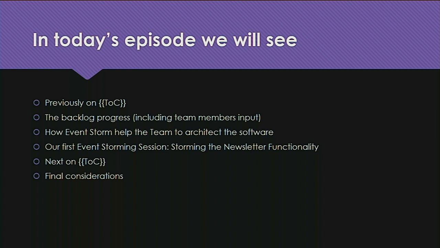After this quick introduction to Event Storm, we will do a real Event Storm session and analyze a real feature of the system, which is the iJus newsletter module. Then some things about the next episode and final considerations and thoughts. So let's move on.